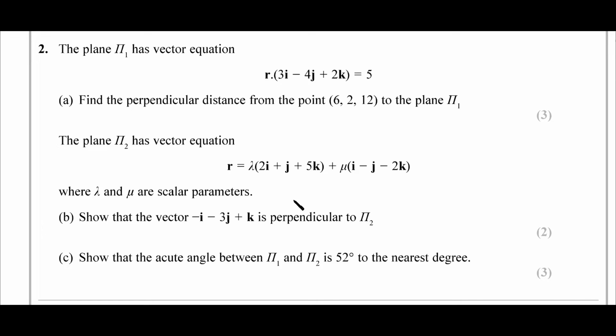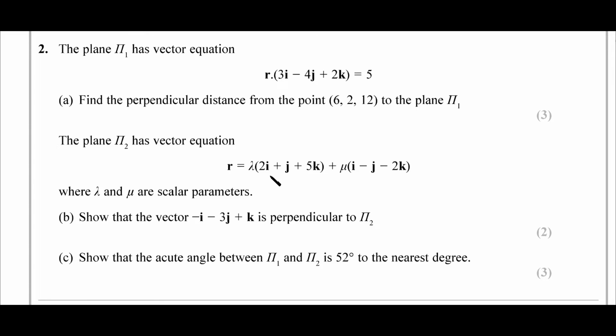And to do this question, remember over here, the quantities 2i plus j plus 5k and i minus j minus 2k are just general direction vectors.